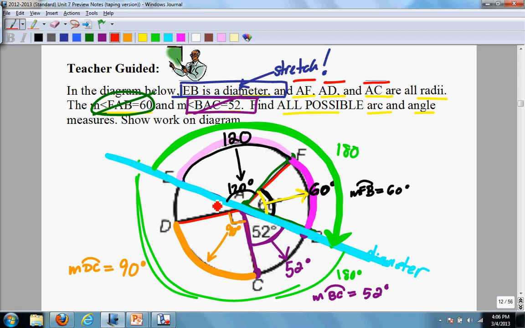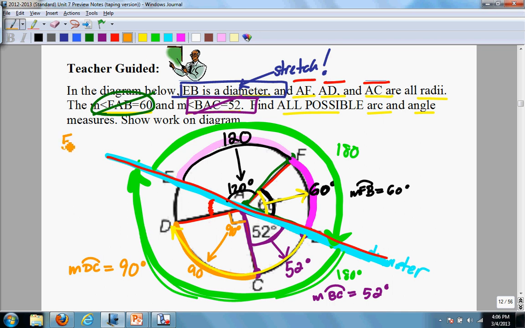Now we notice we only have one more angle here to get, but we have a diameter, and we know from here to here is 180. So we have so far 52 plus 90.